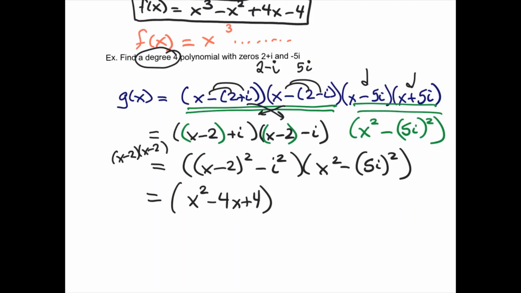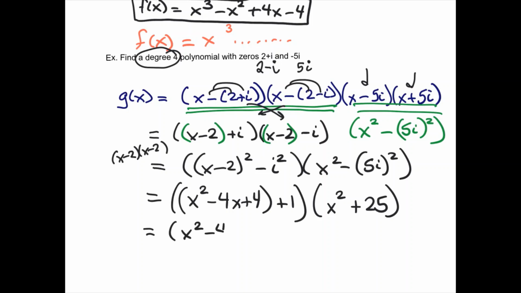But then I have minus i squared. Well, i squared is negative 1, so this becomes plus 1. And over here we get x squared minus 5i squared, just like above, becomes negative 25, so plus 25. So if I simplify it, I get x squared minus 4x plus 5 times x squared plus 25.